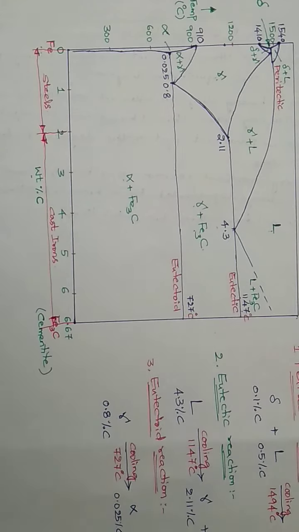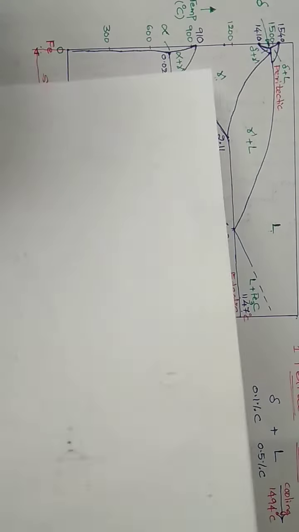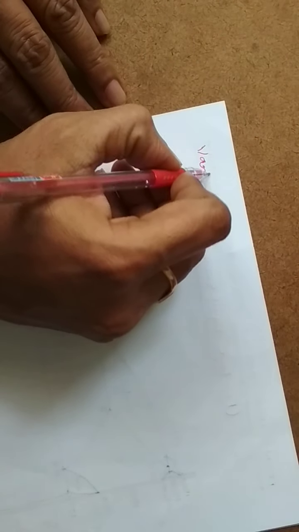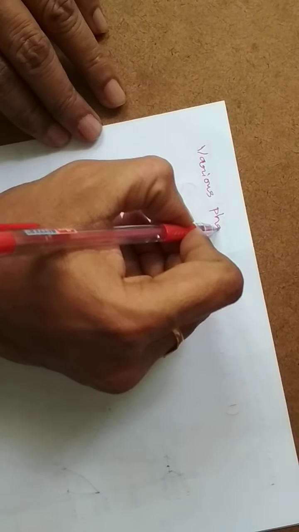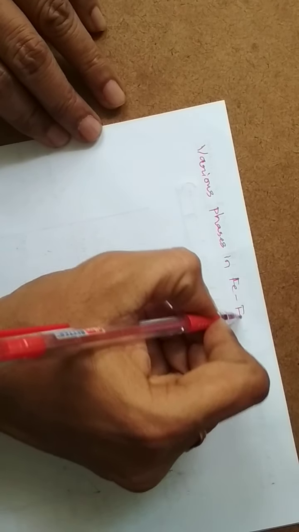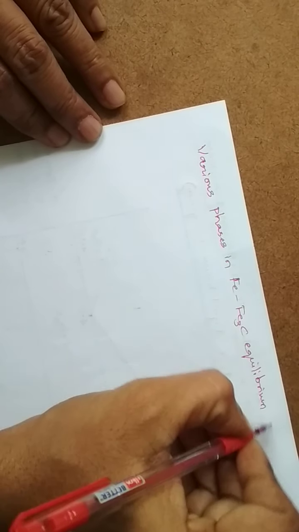Okay, so let us understand the various phases in the iron carbon phase diagram. So what are the various phases in the iron carbide equilibrium diagram?